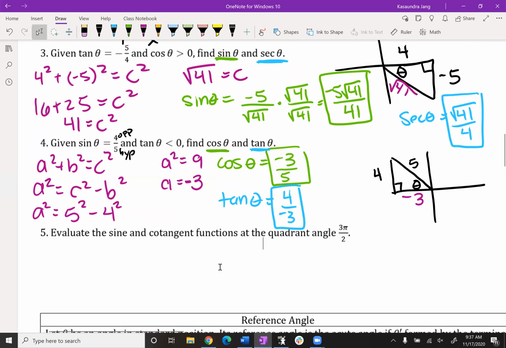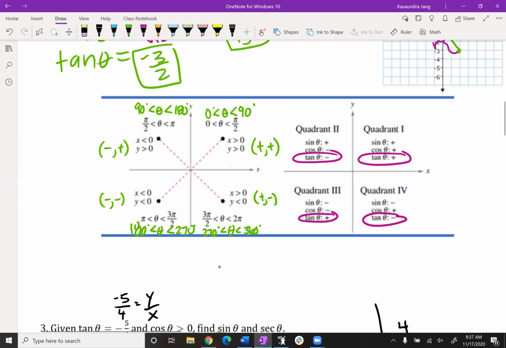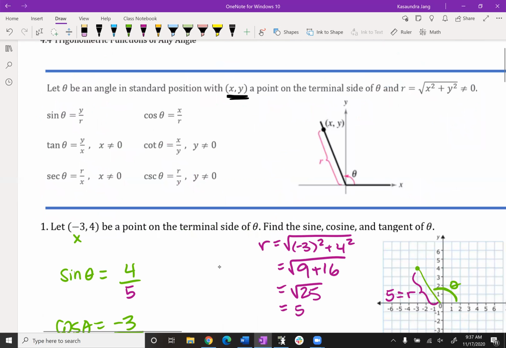Yeah. Wait, so I thought the numerator was the x. The numerator for your sine, like out of your 4/5, is that what you're talking about? Yeah. Okay, so the numerator for sine here, sine is y over r.